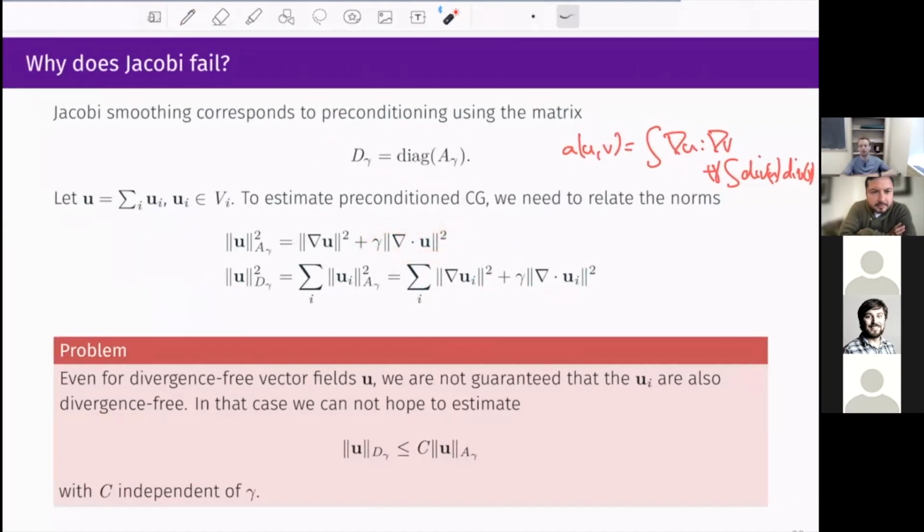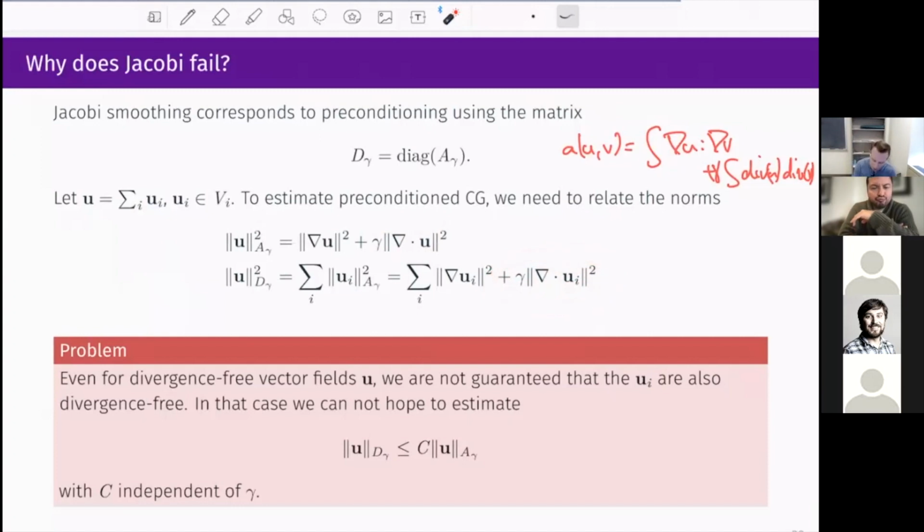Now you split your function, your global function is divergence free, and you look at all the individual contributions of the basis functions on your mesh. Those are the u_i's. No one guarantees you that those are individually divergence free, right? So this term here might be non-zero. Now multiply with a large value of gamma, this whole thing might blow up, right?